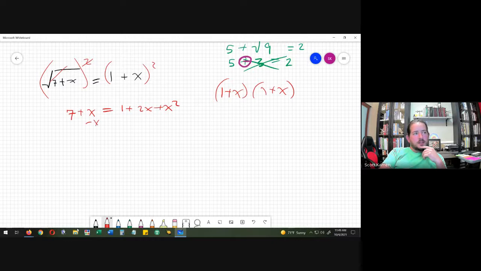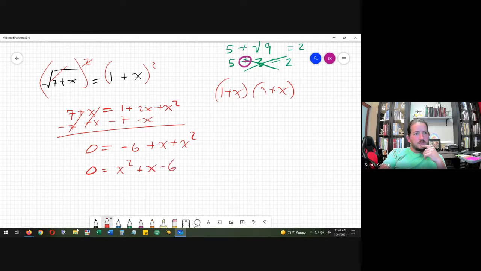If I subtract x from both sides and subtract 7 from both sides, then I have negative 6 plus x squared. Or if you don't like the way this looks, turn it around. But here I can factor this into x plus 3 and x minus 2.